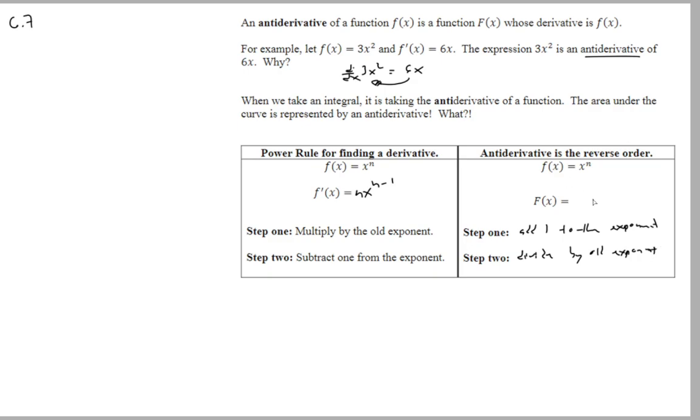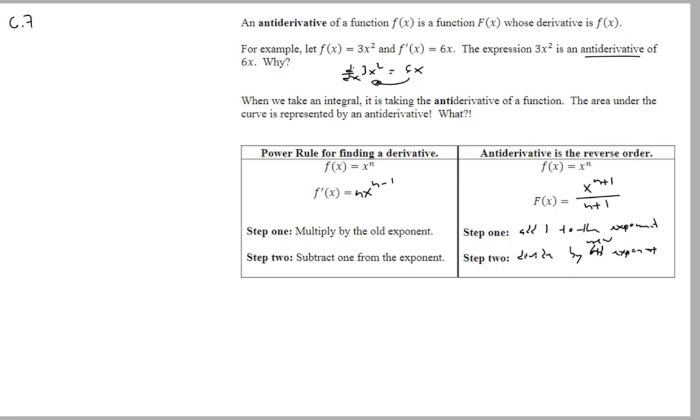So that would be x to the power of n plus 1, divided by n plus 1. And that is the antiderivative of x to the n.